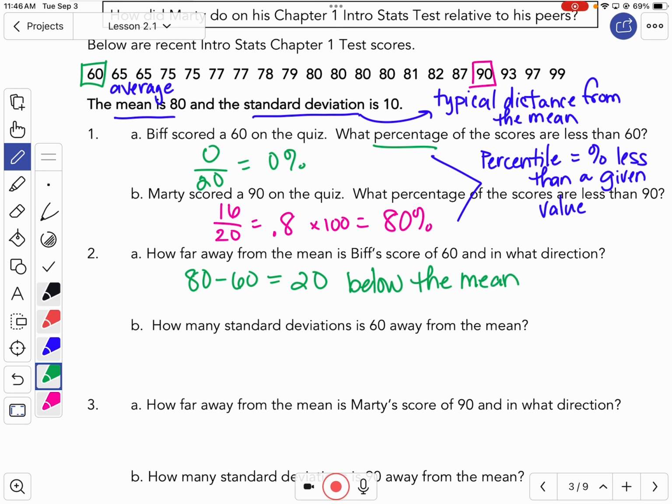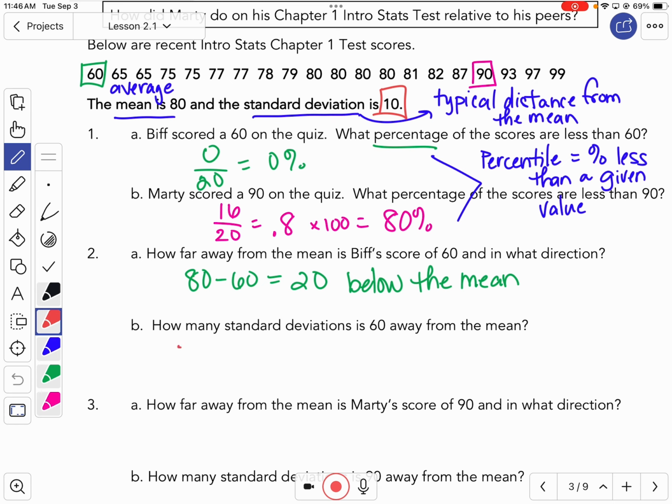The next thing it asked me was how many standard deviations is 60 away from the mean? Well, what did they tell me was my standard deviation? It was 10, and if I'm 20 away, how many standard deviations is that? It's 2.